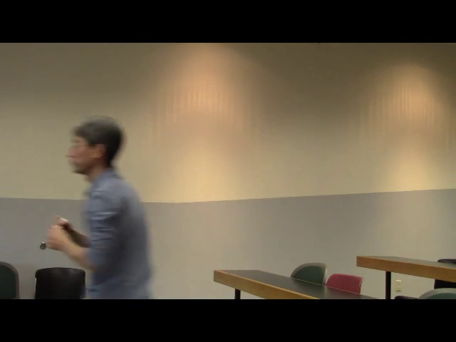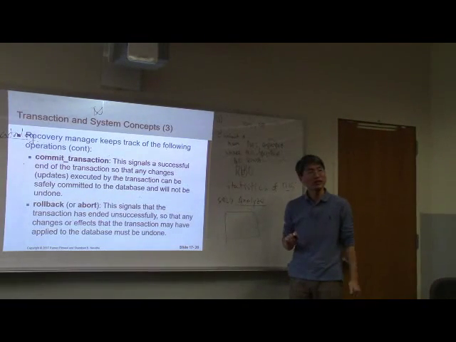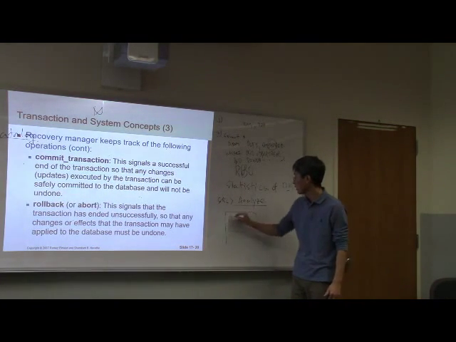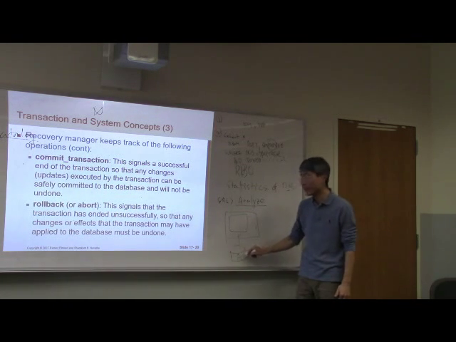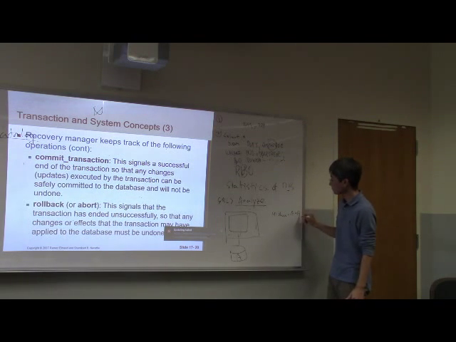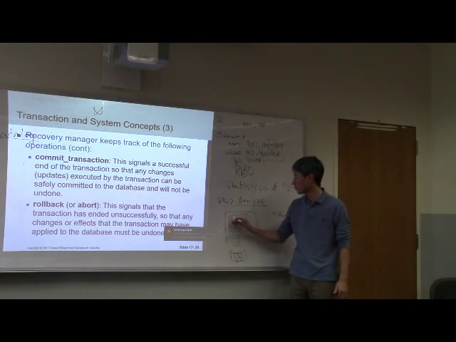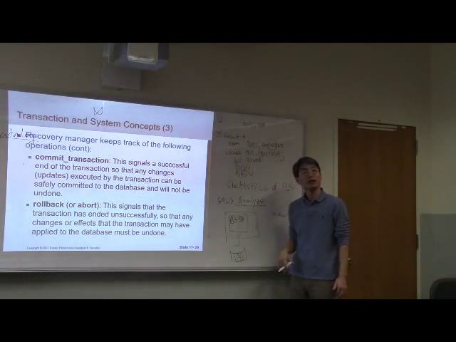Okay? For example, this is our system, and this is our memory. So when you update the data A to B, first you need to read A. Okay? Then update to B. Okay?